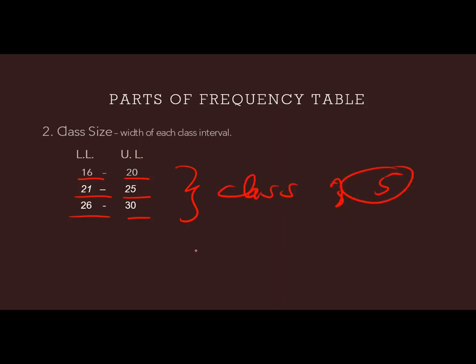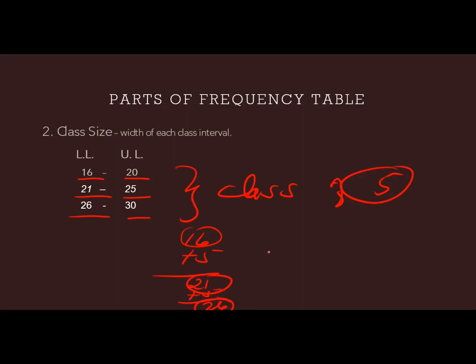Now, how do we get that? 16 plus 5 would give us 21, plus 5 will give us 26. So 16, 21, 26. That means our class size is 5.